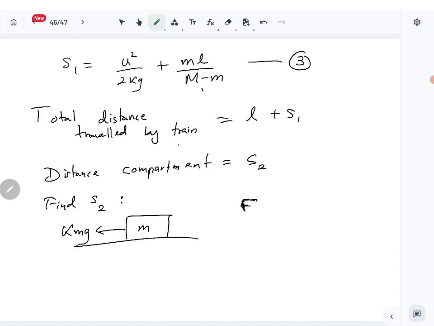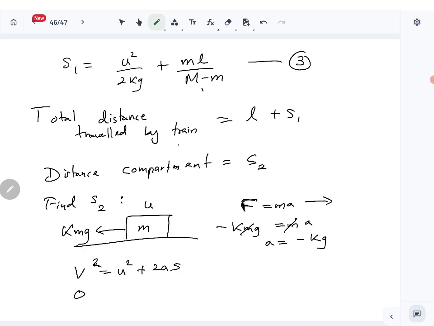Apply F equals ma to the compartment in this direction. So minus kmg equals ma, m and m cancel. Same deceleration as the train after detachment. And the starting speed was u for both. Then apply v squared equals u squared plus 2as. Final speed is 0, so 0 equals u squared minus 2kg S2. Then S2 is u squared over 2kg.